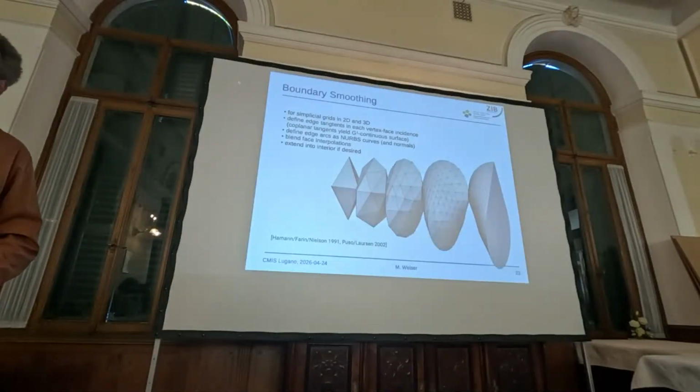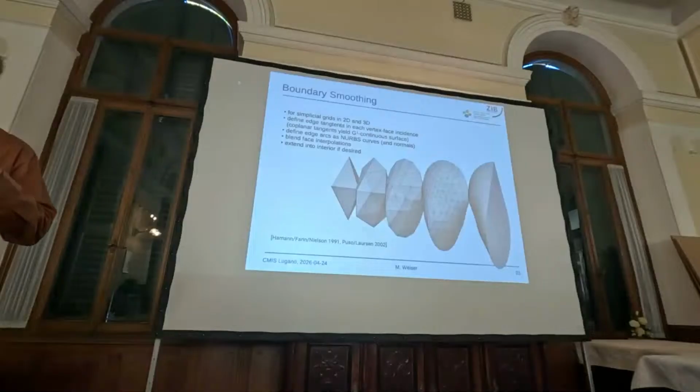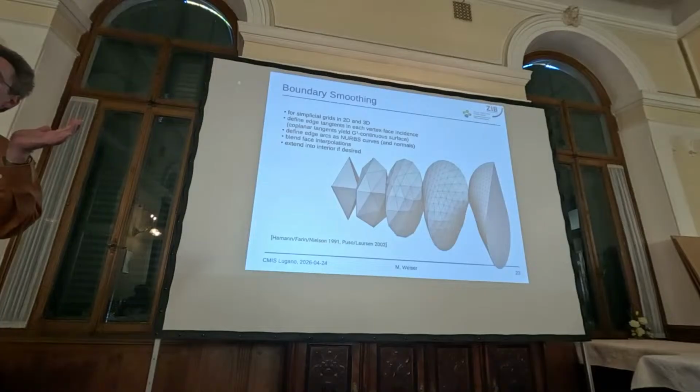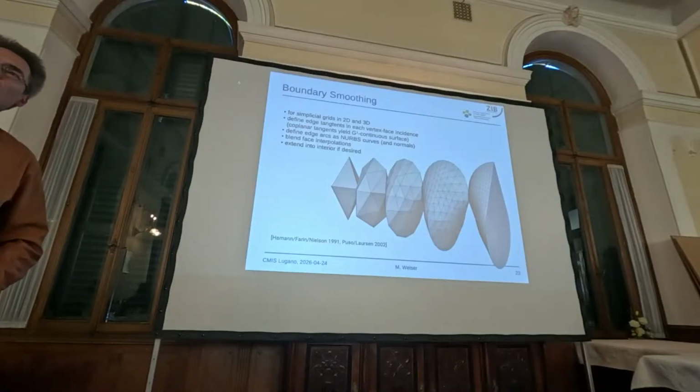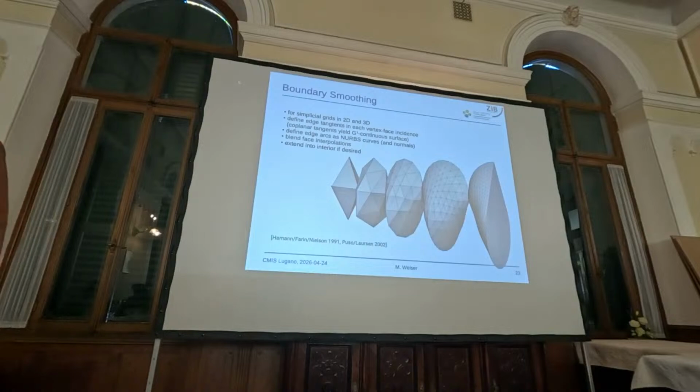That guarantees a G1 continuous surface and converges quite quickly towards smooth representations. It's not exactly a circle that is recovered in this circular geometry, but it's quite close.